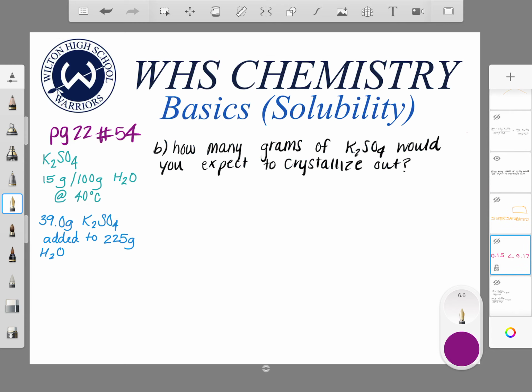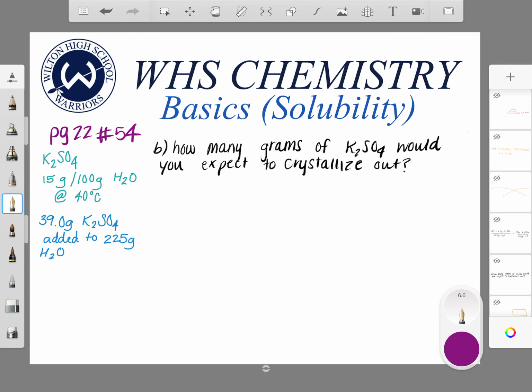So now let's solve the second problem they ask us. That problem was, how many grams of K2SO4 would you expect to crystallize out? So the first thing we need to do is write out an equation. We know that in the solution that we mix in the problem, there's 39 grams of K2SO4, and they're asking us, of the K2SO4, how much do we expect to crystallize out.